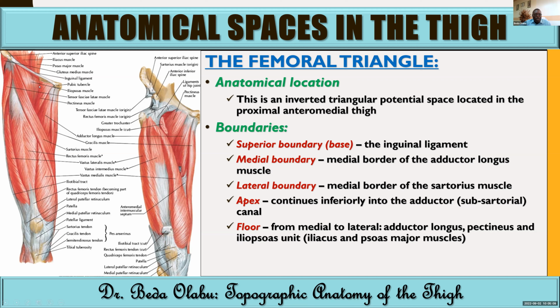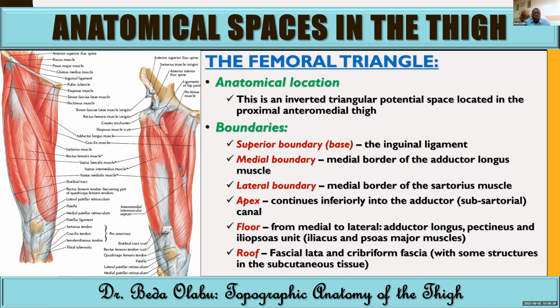And then from there we have this unit here, which we call the iliopsoas unit. The iliopsoas unit has 2 parts, the psoas major and the iliacus. We usually start with the psoas major, which is medial, and the iliacus is lateral. Those muscles are the ones which form the floor of the femoral triangle.